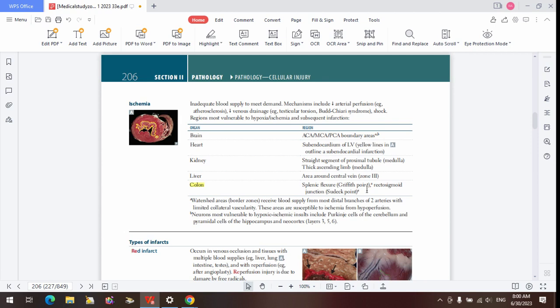Then I also wanted to say that you said that karyolysis is not seen in apoptosis, that it is only in necrotic tissue, the nuclear dissolution. Yes.